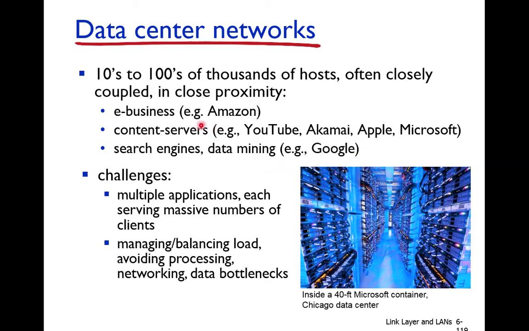For example, Amazon has a data center for their e-business. Similarly, content providers like YouTube, Akamai, Apple, and Microsoft have their own data centers for their own processing capability and storage. Similarly, Google has its own data center for search engines and data mining.